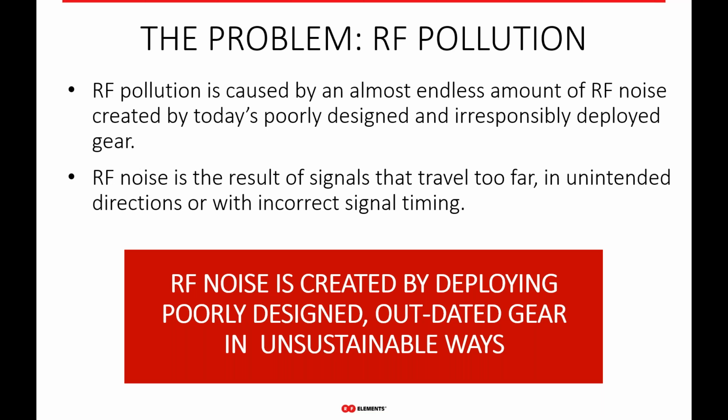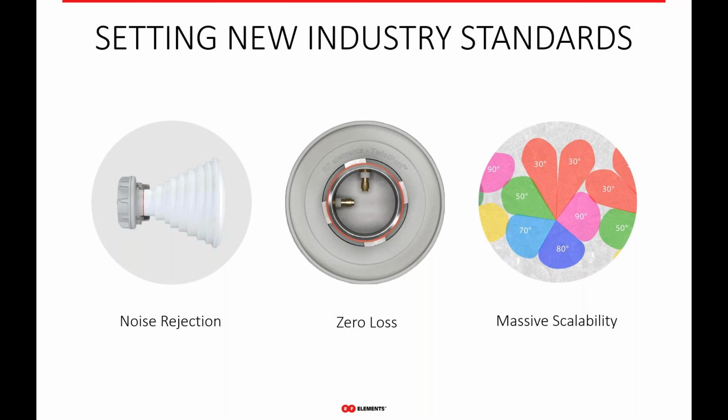But if everyone produces noise, it becomes a problem, and everybody suffers from it. At RF Elements, we address the problem of RF noise by changing the paradigm of the fixed wireless industry. We are setting new industry standards for RF performance, noise rejection, and system scalability through our award-winning antenna technology with our TwistPort ecosystem.